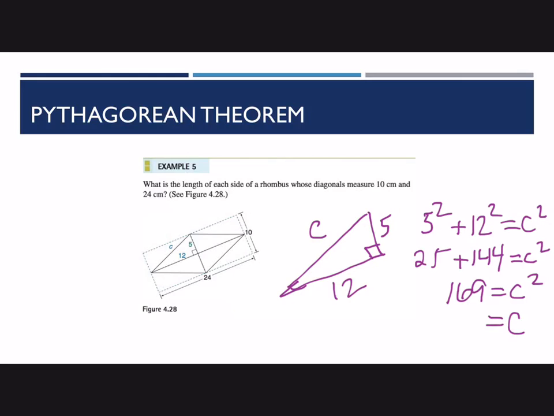And since this is geometry and c represents a length or a distance, we always go with the positive answer. That's the ruler postulate. A length has to be a positive number. So c would be 13. And then we also know that rhombi have 4 congruent sides, so now all 4 sides would each be 13 centimeters.